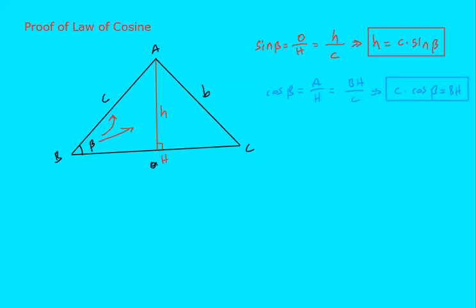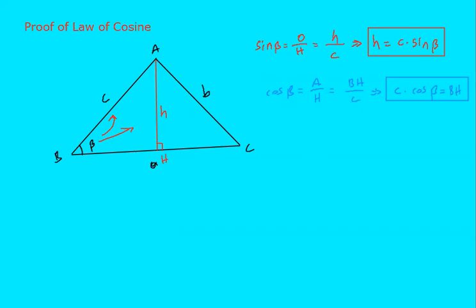And what I'm going to do next is, I have a right triangle. I know one side H, which I know in terms of side C and sine beta. And our goal is finding a relation between three sides and one of those angles, not this H. So I don't really need this H. So I need to replace H with this equal value. And the same idea, I'm going to use Pythagorean in this case, but I don't know the HC, right?